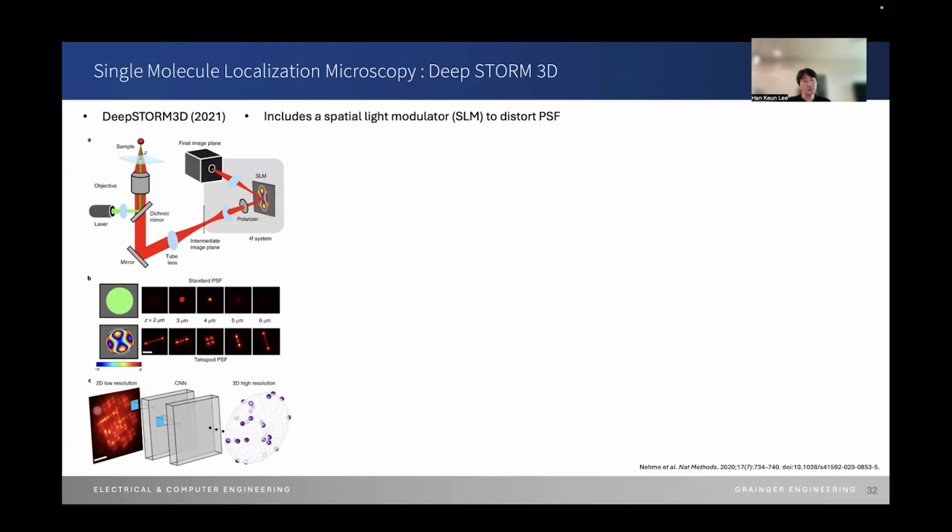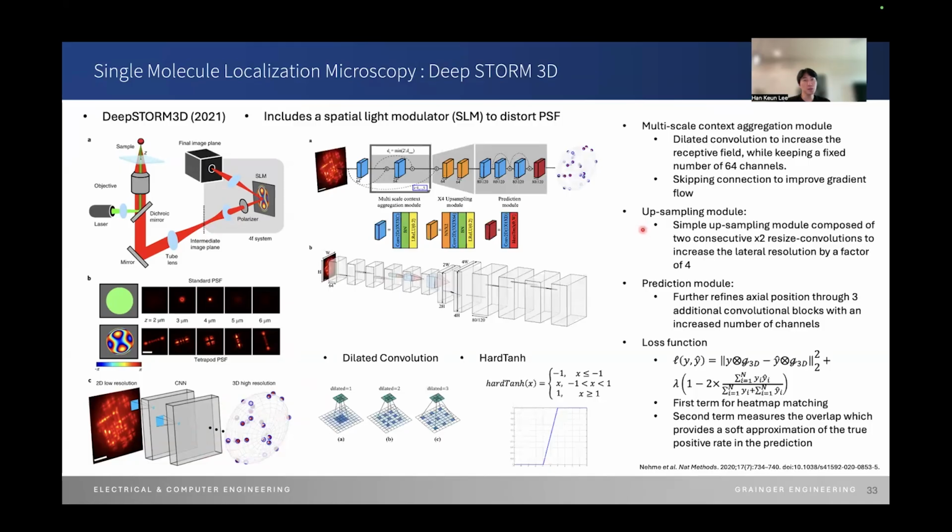And then you have a 2D low resolution image. It is fed into the convolutional neural network, and from there, they can create a high-resolution 3D image. The model that they use is not the same structure as before, but a model that looks like this, where the first part is the multi-scale context aggregation module, where they use dilated convolution to increase the receptive field while keeping a fixed number of 64 channels to extract the features, and skip connections to improve gradient flow.